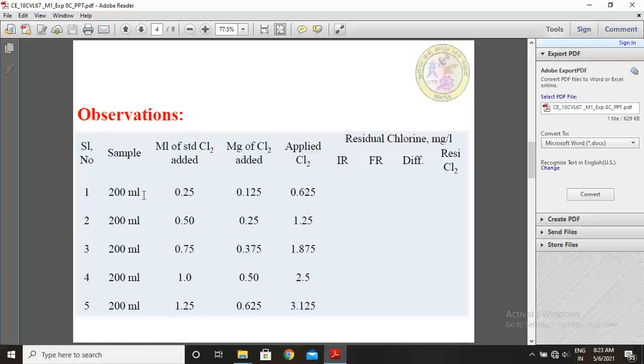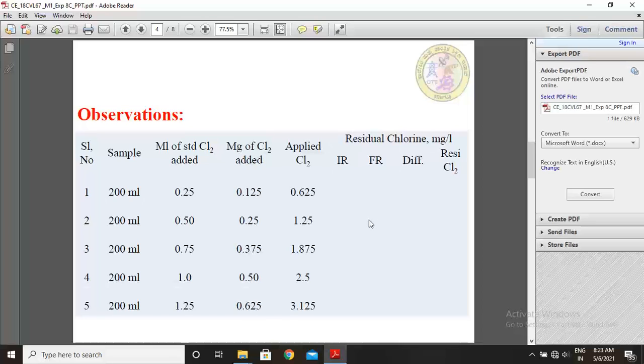Here we are taking 200 ml samples for 5 jars and adding 0.25 ml, 0.5, 0.75, 1.25. Then we wait up to 20 minutes. Then you take the final reading. Then FR minus IR, we get the difference.